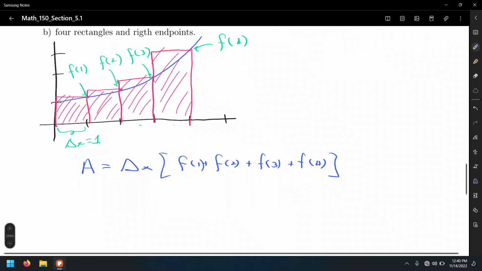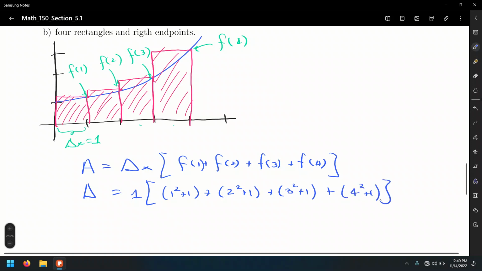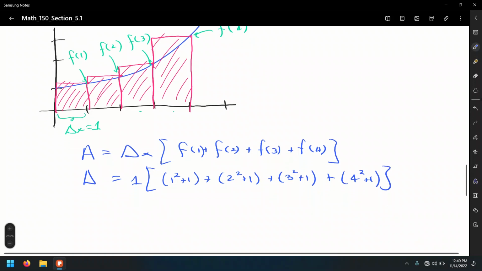Well, the delta x, again, it's the same. That's 1 times f of 1, which is 1 squared plus 1 plus 2 squared plus 1 plus 3 squared plus 1 plus 4 squared plus 1. And let's just simplify this to find the area of those 4 rectangles using right endpoints and get the estimate.